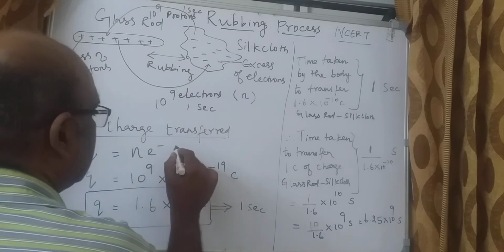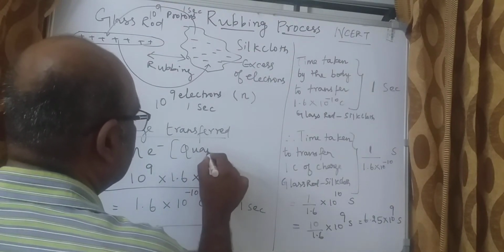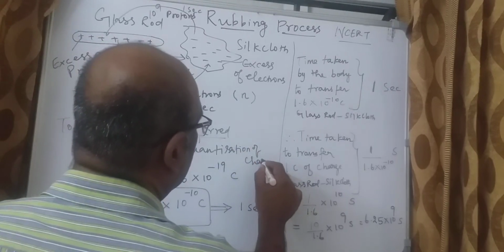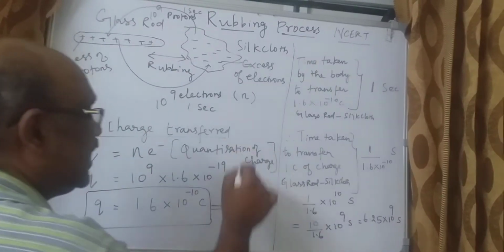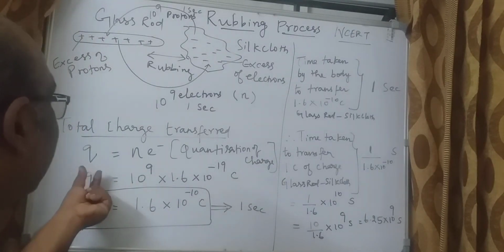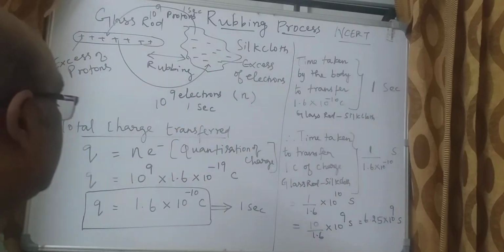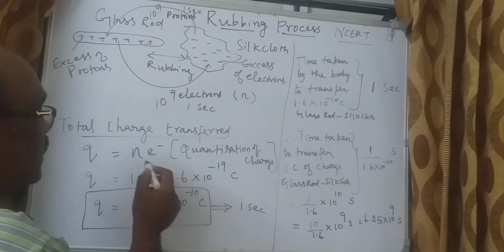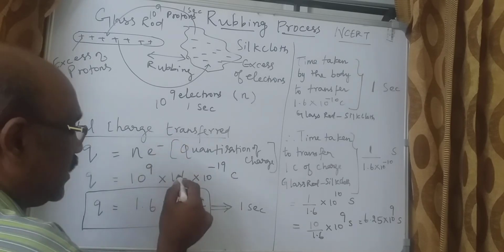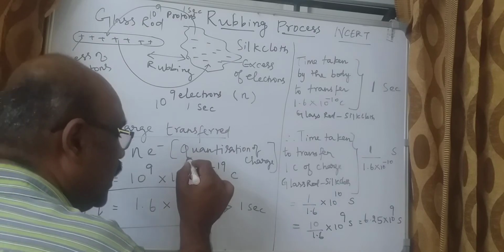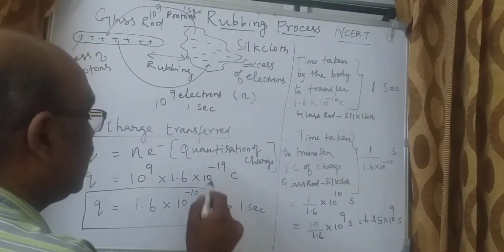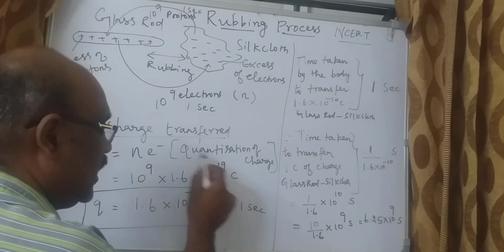And this formula is nothing but quantization of charge. Quantization of charge is one of the basic properties of charges. If we apply this formula here, then the net charge that is transferred is q equals n e, where 10 power 9 is n, the number of electrons, multiplied with the least magnitude of the charge present in the system, which is nothing but the charge of the electron we are taking here.